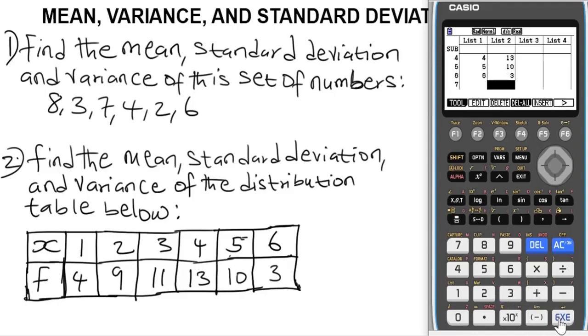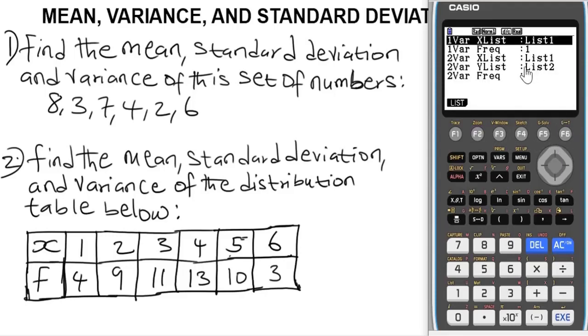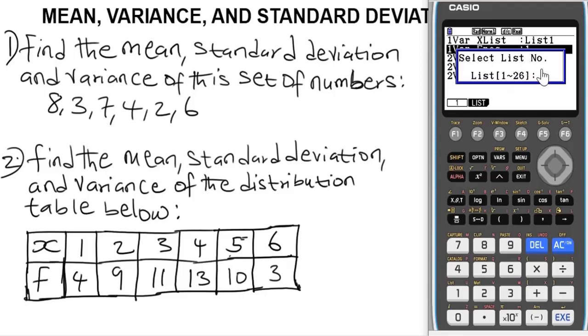Once you are done with this, go to calculations, then go to set. Since we have the frequency data, under one variable frequency you set it to List 2. Press F2, then choose the list number, which is List 2. Very, very important, guys, for this calculator.